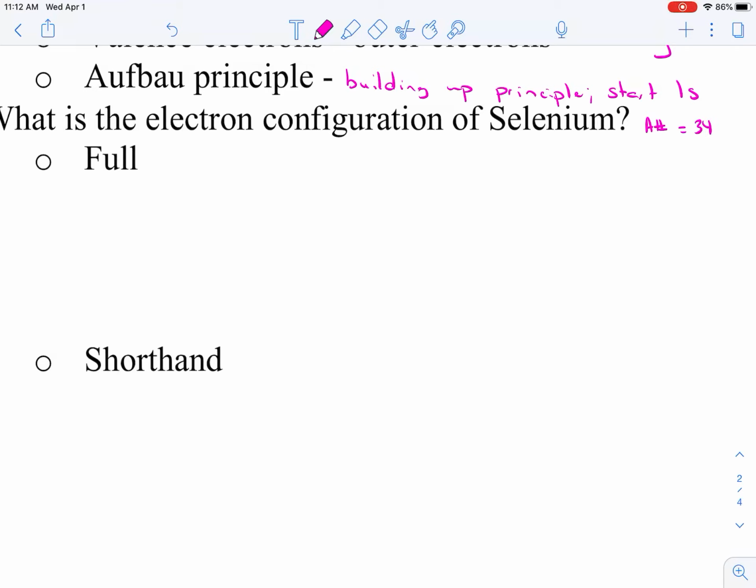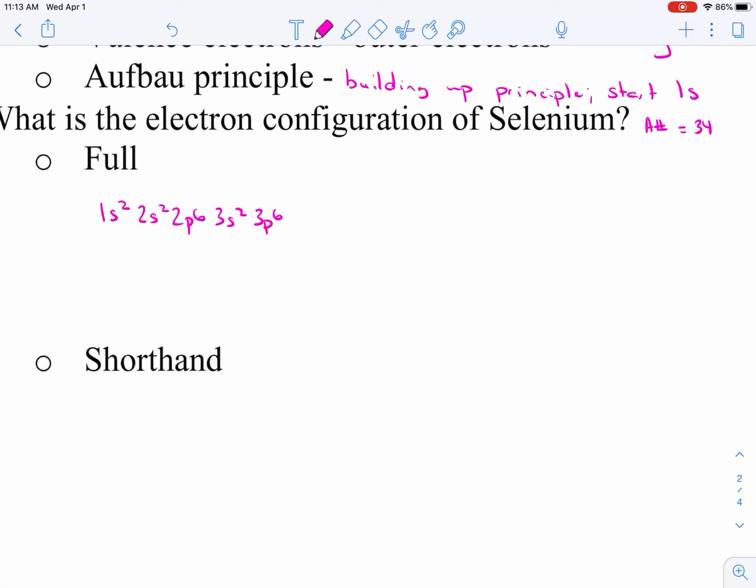So for the full-on one, we've got to start at hydrogen and work our way. So we have 1s2. Remember, s's hold 2 electrons. Then we go to the second row, 2s2. That takes us through beryllium. And then we have 2p6. That takes us through neon. 3s2, 3p6. That takes us through argon.